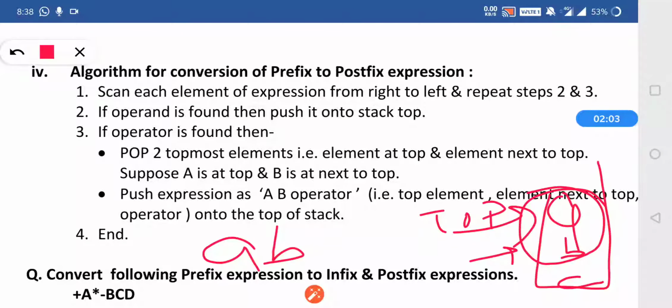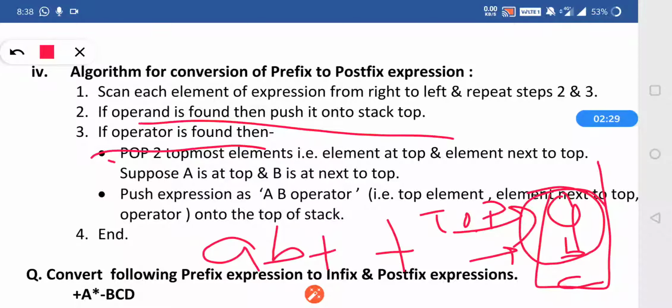So now what we are doing, whenever we are finding any particular operand, we are moving that operand to the stack directly. But whenever we are finding the operator, we are popping the two elements, and after popping we are pushing the operator after the operands. In which way?